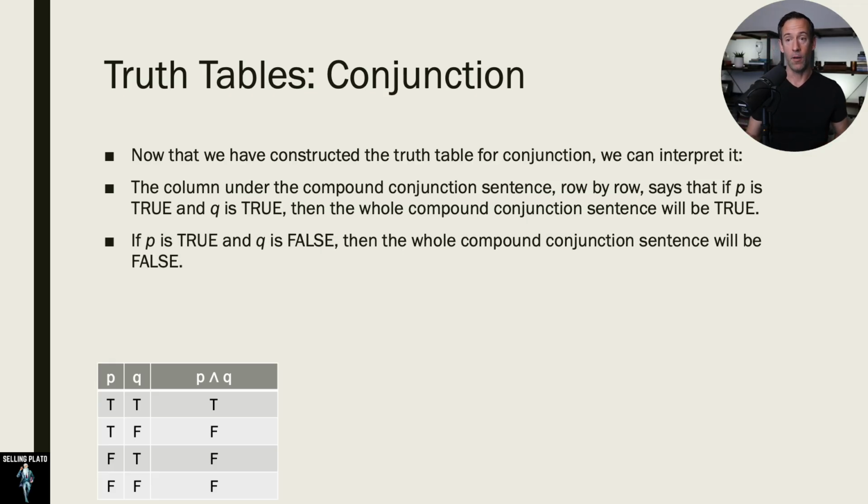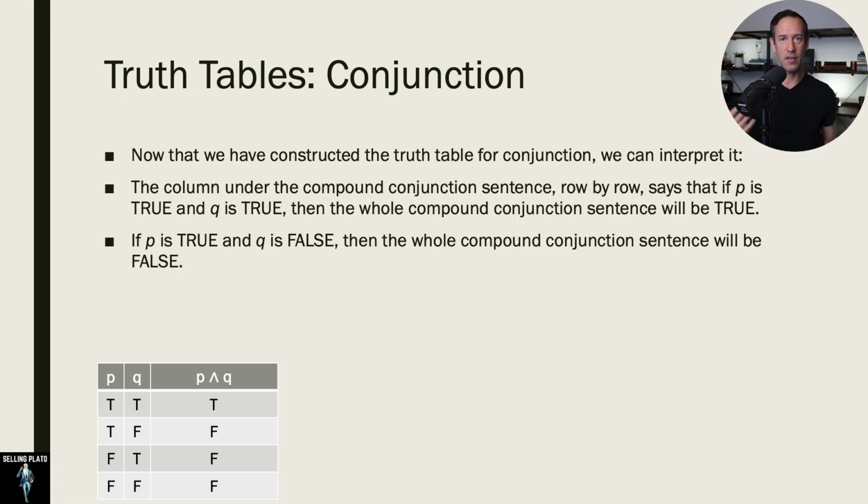Now we're on the second row. If P is true and Q is false, that's the next possibility, or row. Then the whole compound conjunction sentence is going to be false. Why is that? Because a conjunction needs all its conjuncts to be true in order for the compound sentence to be true. And if just one is false, the whole compound sentence is ruined. It's going to be false. So there's the second row.